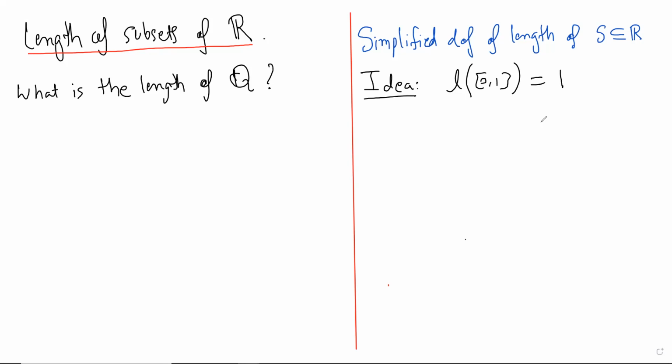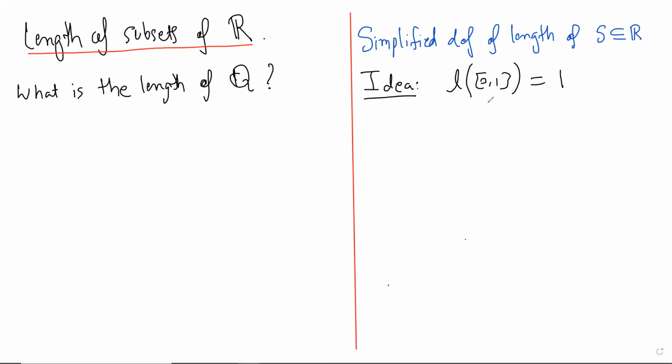And if you translate it, the length remains the same. If you expand or contract it by some amount, twice or thrice, then the length will get multiplied. These are obvious things that we want. These will be given as axioms, maybe points 1, 2, 3, but these are very simple.